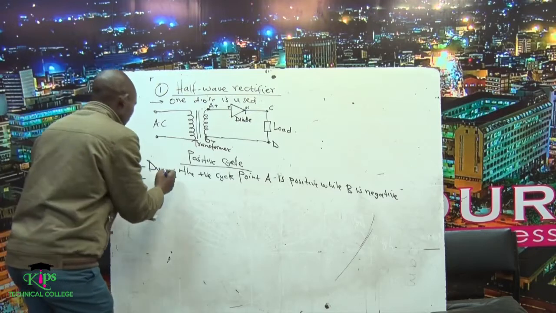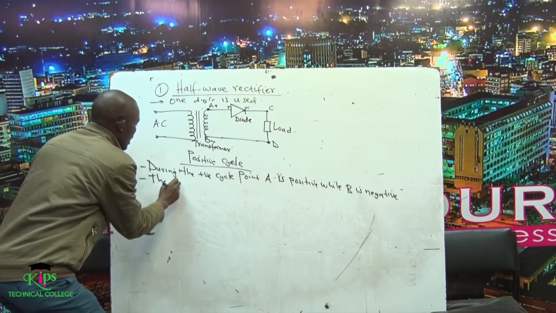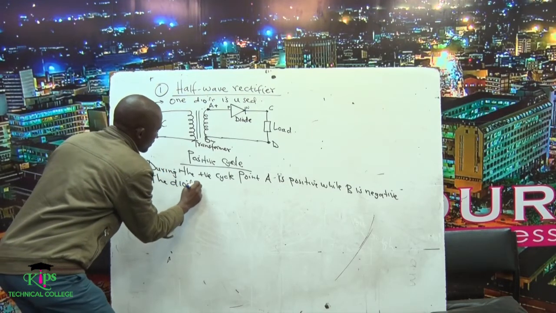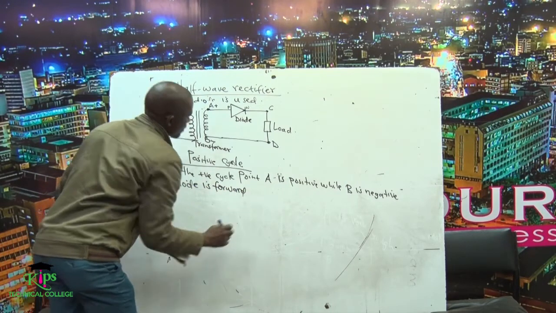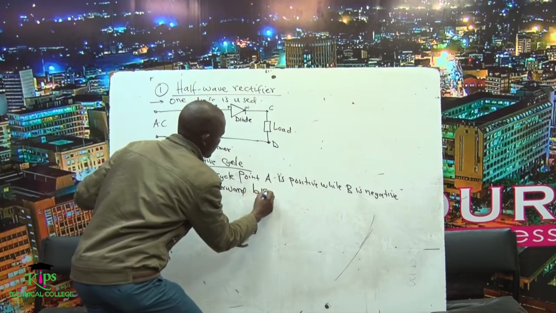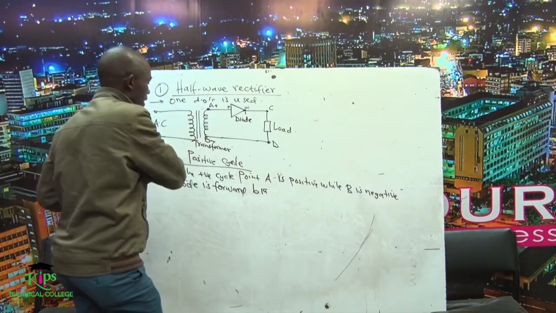So we will say the diode is forward biased.